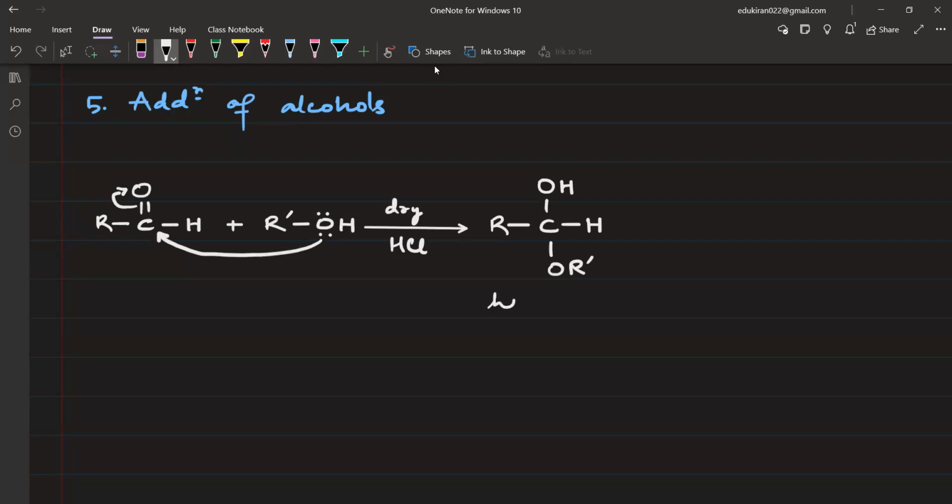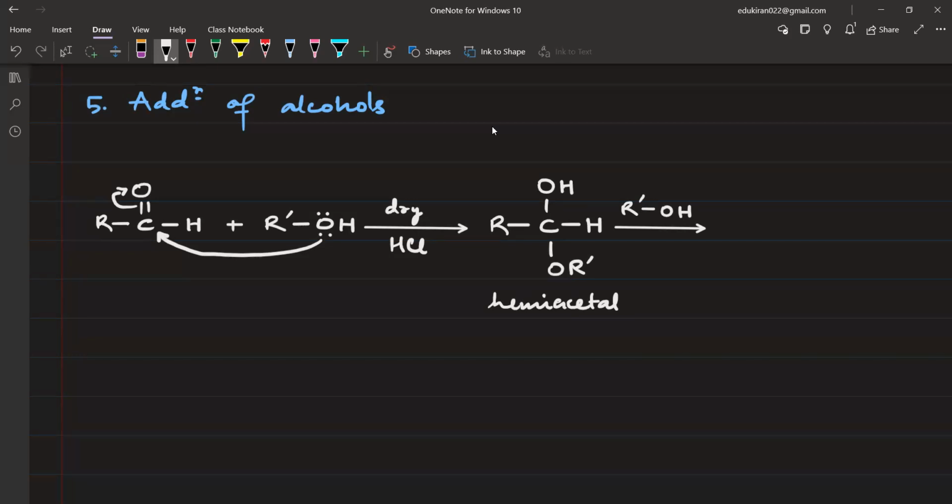This is known as hemiacetal. Now what will happen? One more alcohol molecule, R dash OH, is going to attack here. Now what is the reactive site? If you see here, this is again a reactive site. Why? Because the carbon atom is bonded to one oxygen, which is highly electronegative.